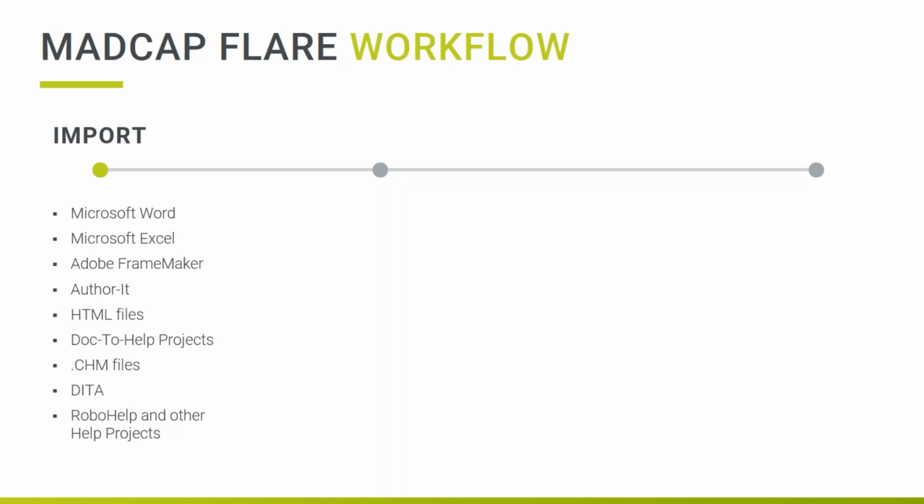So Flare has built in the ability to import all of the file formats you see on screen on the left side right now. Probably the big two are importing from Microsoft Word and importing from Adobe FrameMaker. Now, those imports, will they keep your content? Absolutely, that's the easy part. Your lists will stay lists, your tables will stay tables, your images will be brought over.